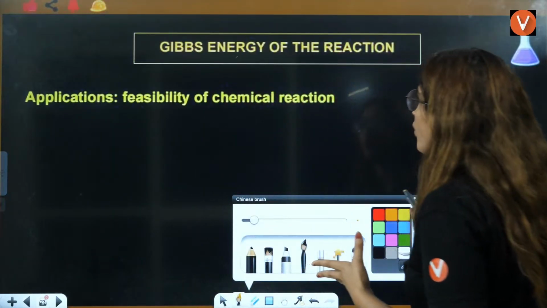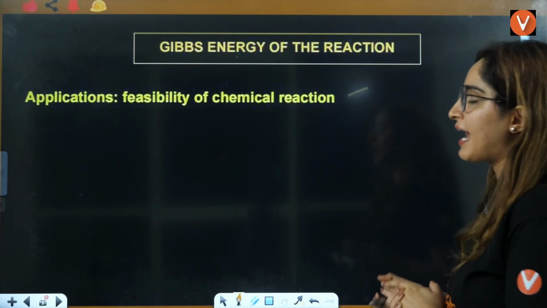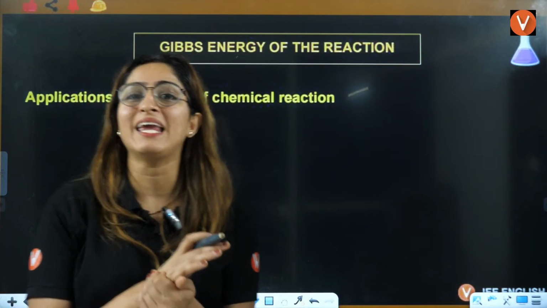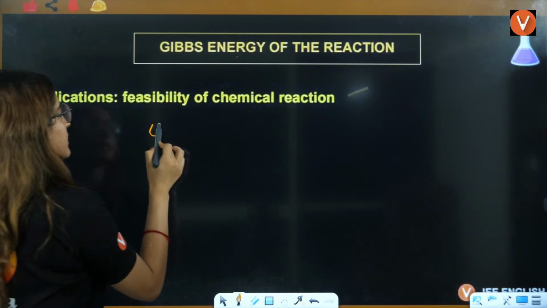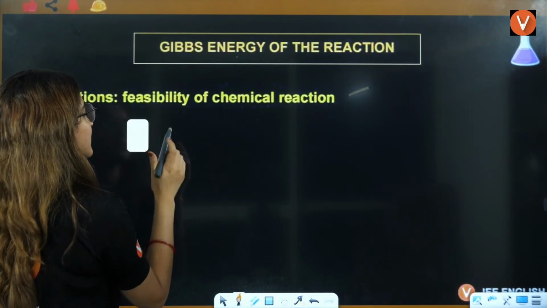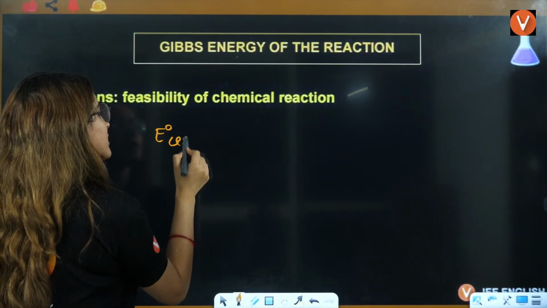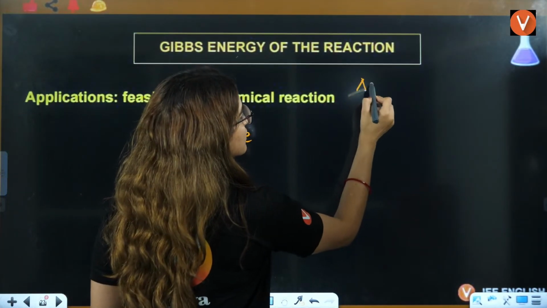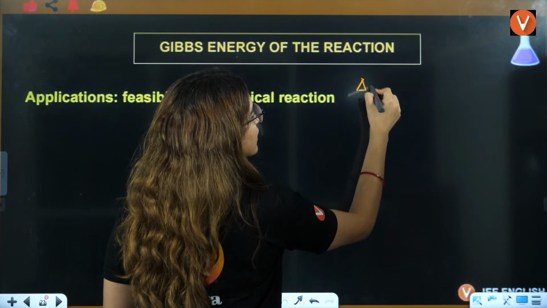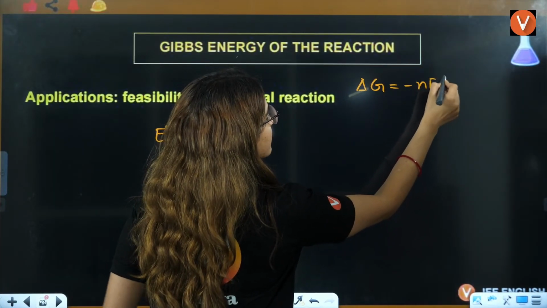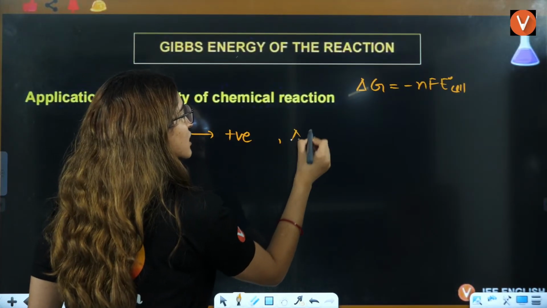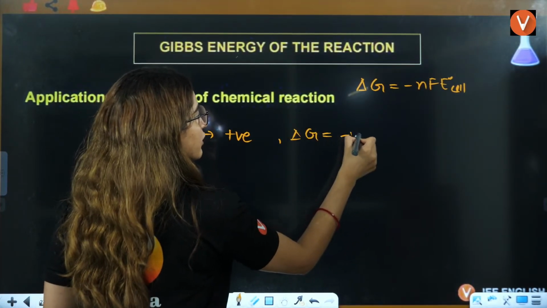Next is applications, like how the Gibbs free energy of the reaction is going to tell you about feasibility. Let's say E naught is given to you. The simple thing is, if E naught cell is positive, then from the equation delta G is equal to minus nFE naught cell, delta G will be negative.